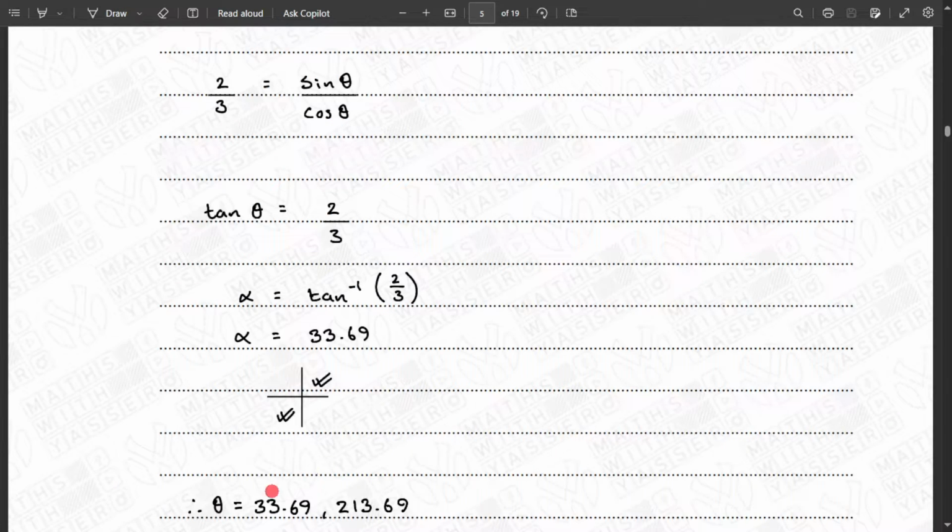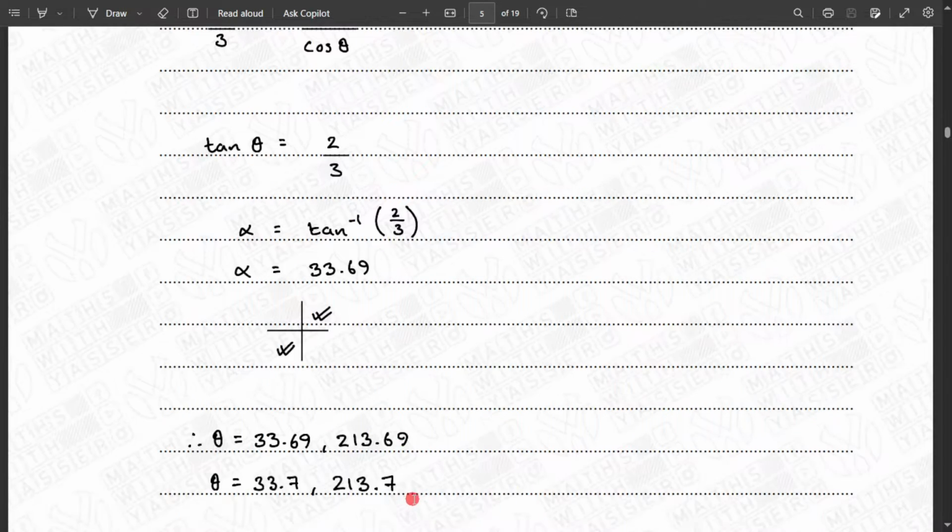So theta should be the basic angle, and 180 plus the basic angle. That will give us 213.69. That means if we correct it to 3 significant figures, it will be 33.7 and 213.7 degrees.